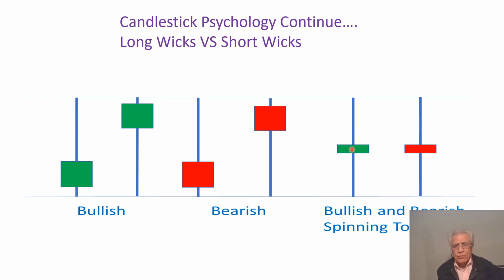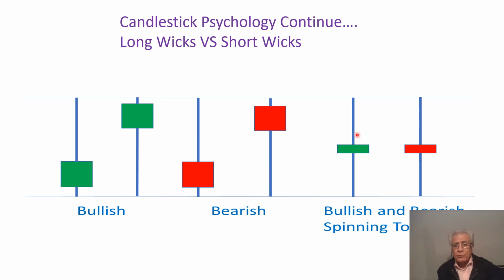The long shadows of a spinning top suggest the bulls and bears were very active. These long upper and lower shadows mean the bulls and bears were very active during the session, although the trend didn't have considerable price movement, because the open and close prices are very small, so the price didn't move that much.